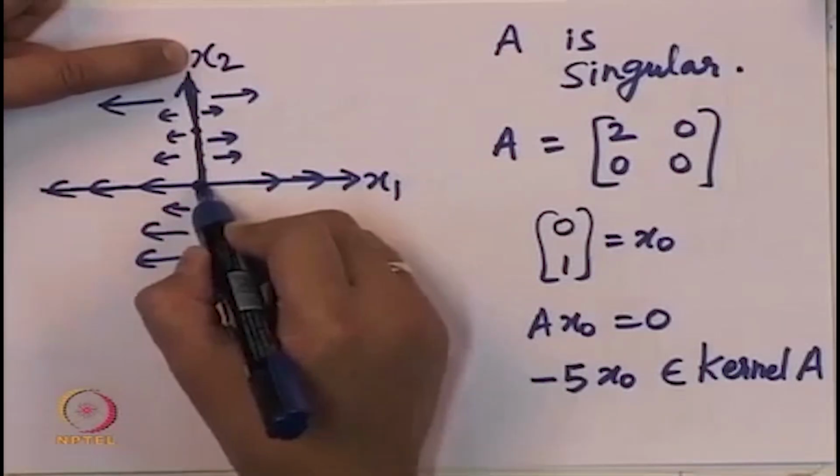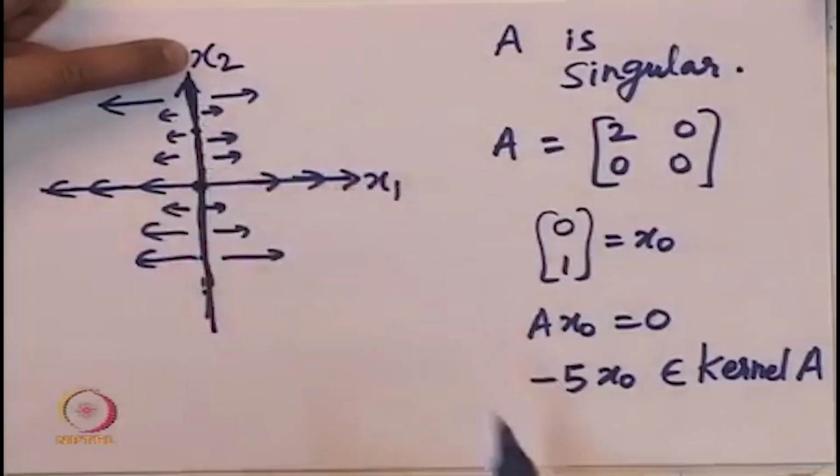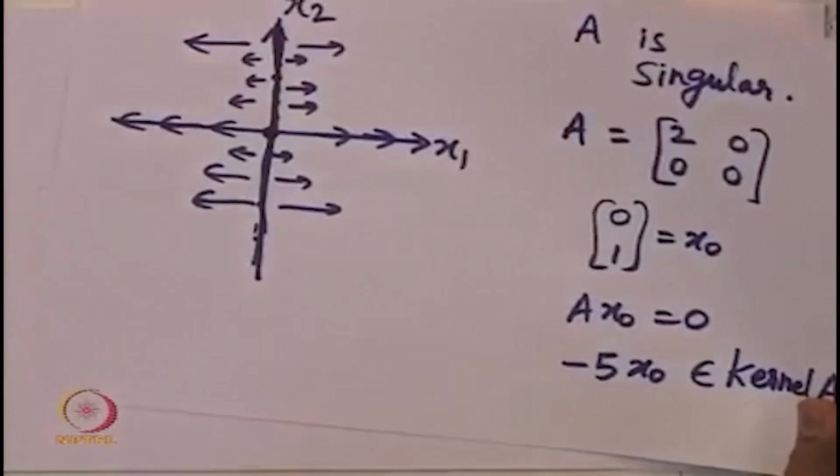The origin is not the only equilibrium point for this example, but each of these points are equilibrium points. So this is what we see for the case when A has one eigenvalue at 0.